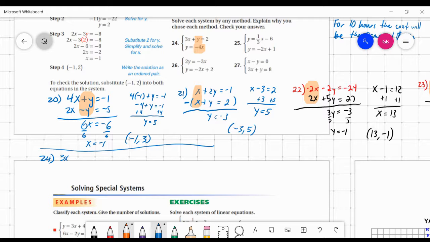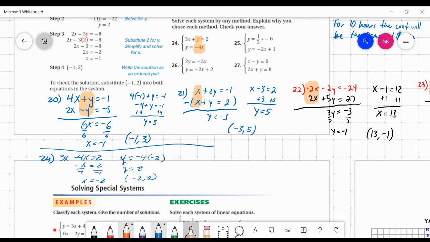So 3x minus 4x is equal to 2. So negative x is equal to 2. Divide by negative 1. X is negative 2. And then I'll plug it into the second equation. Negative 4 times negative 2 is 8. Negative 2 comma 8.